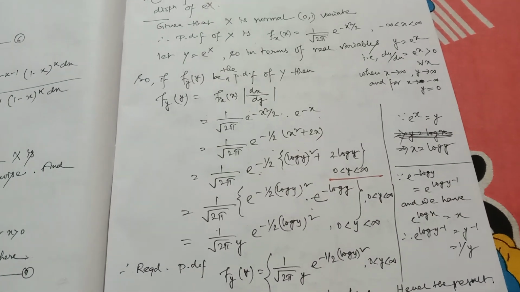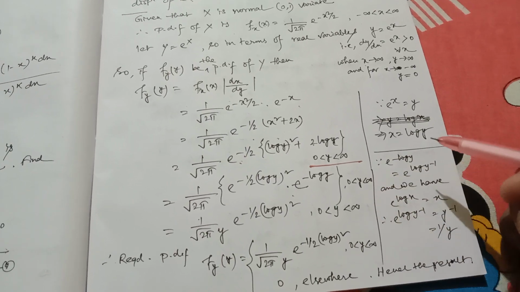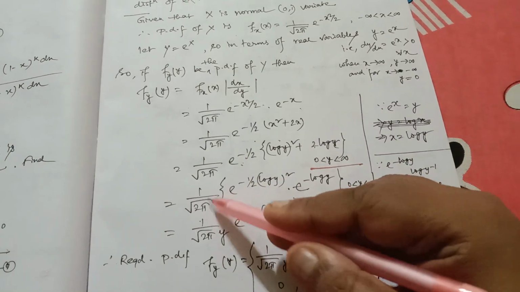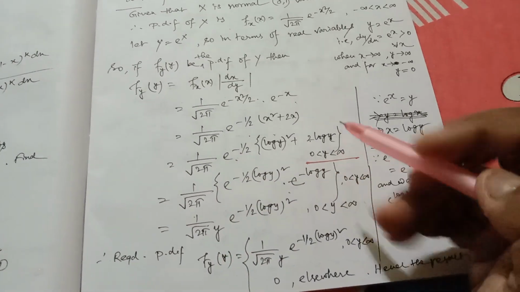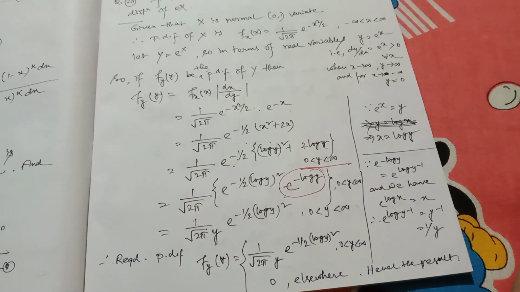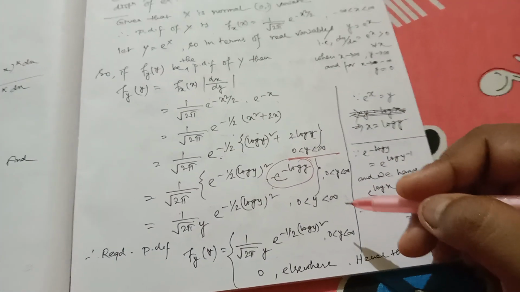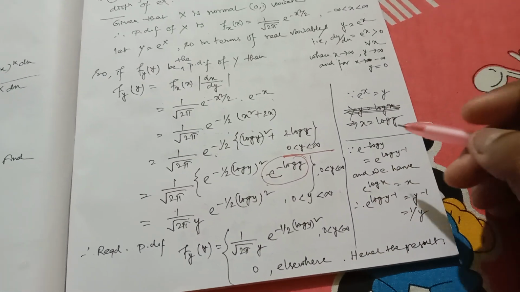So we are using the concept of law of indices. Accordingly 0 less than y less than infinity, so 1 by root 2 pi, this portion gives you y, so here you can see y is there, e to the power minus half of log of y whole square, provided 0 less than y less than infinity.